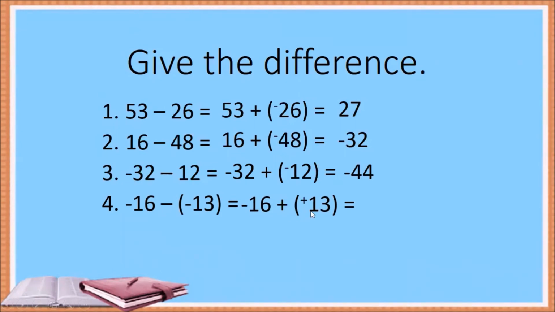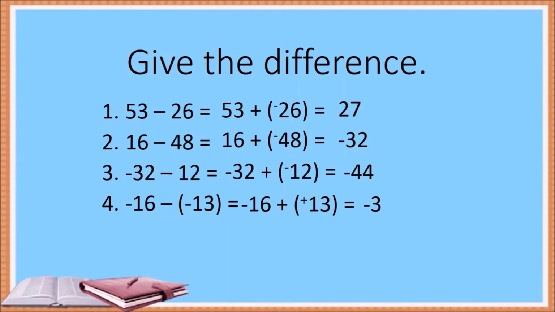Observe, negative 16 and positive 13 are not in common sign. So, subtract 16 and 13, we have 3, and copy the sign of 16, which is negative. Therefore, the difference between negative 16 and negative 13 is equal to negative 3.